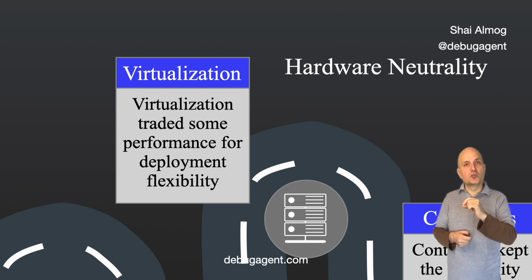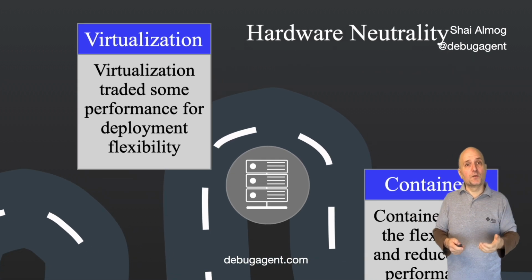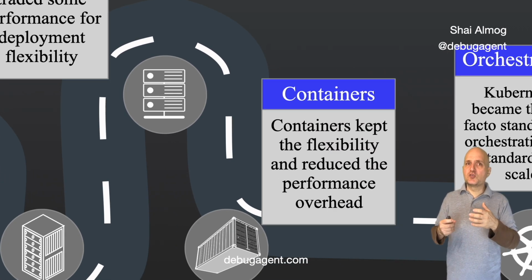This wasn't too bad, but as we did that, the overhead became significant. Containers solved this. They aren't as compatible or portable as virtualization, but they go most of the way and have very low overhead.